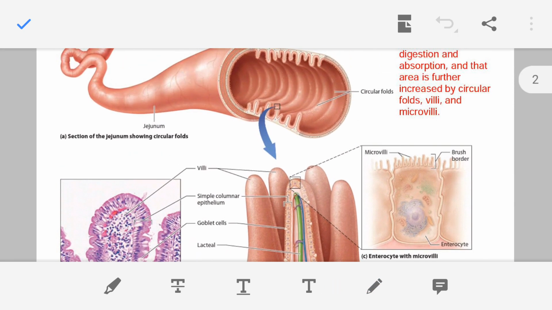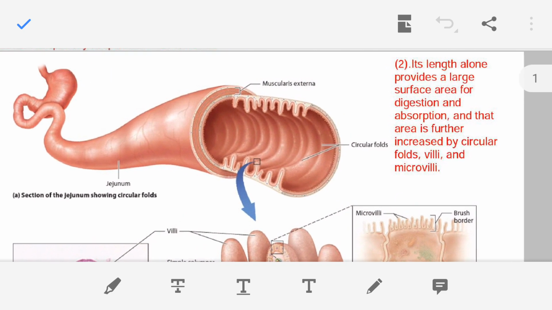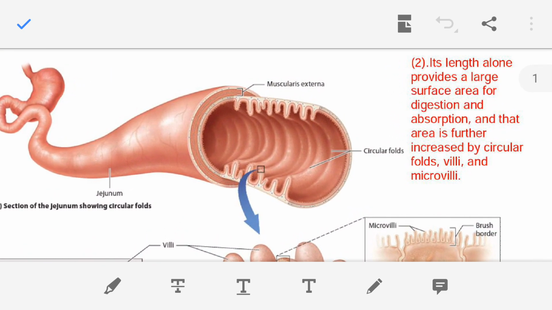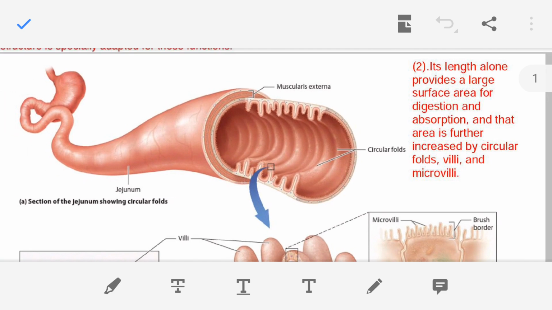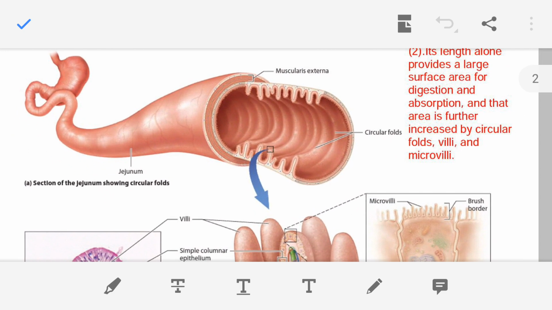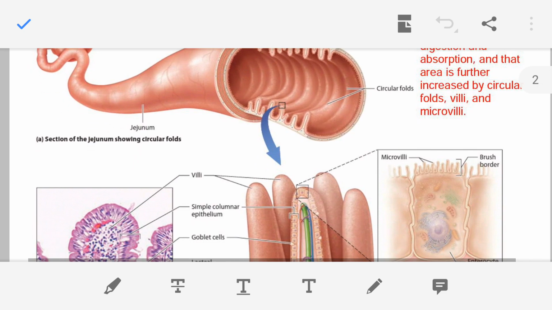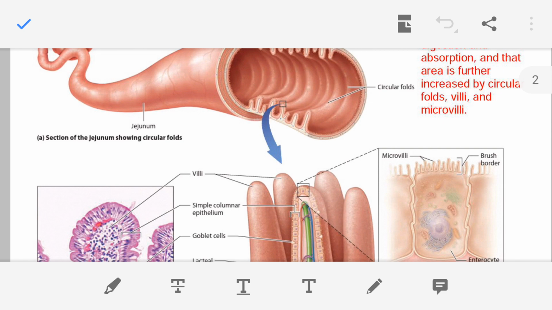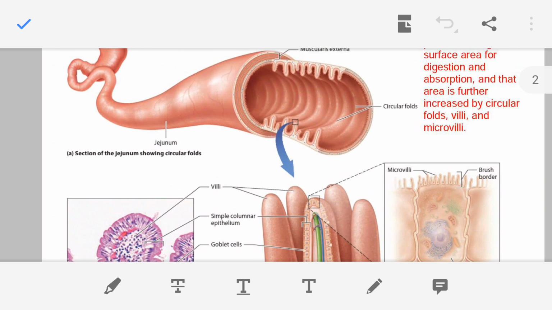So in the next lecture on the small intestine, that is histology of the small intestine, we are going to discuss all these things, that are the circular fold, then the villi, microvilli, brush border, everything we will discuss in the next lecture.